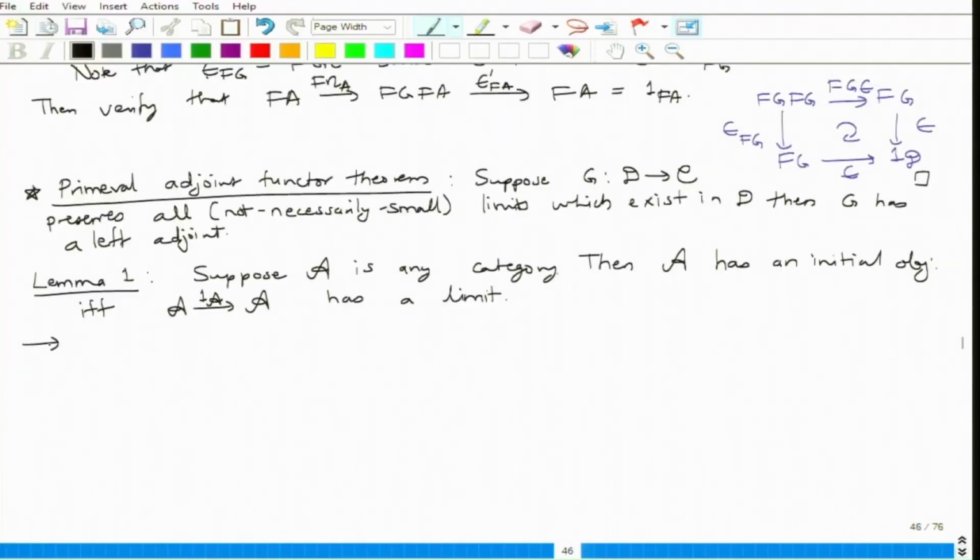What do you do? Suppose A has an initial object I. Can you tell me what is the limit cone of this diagram?